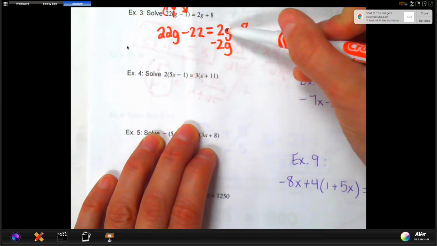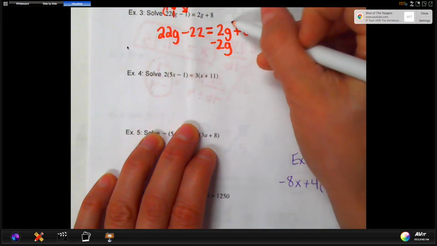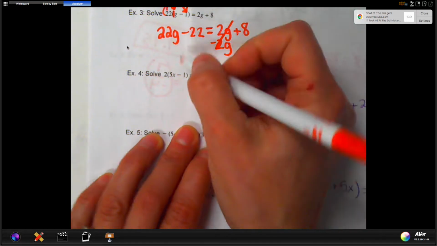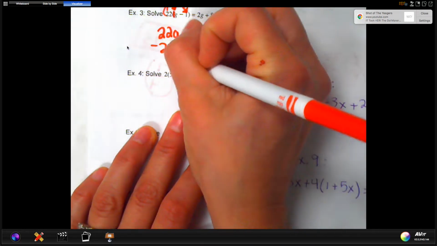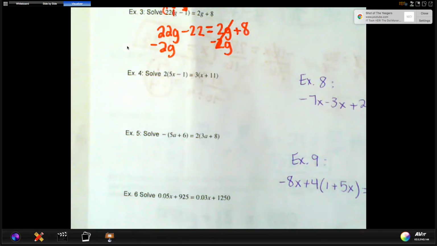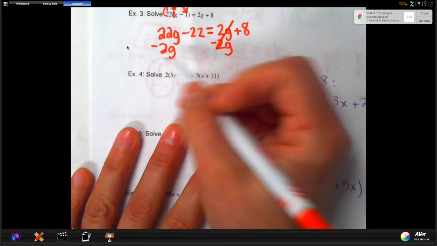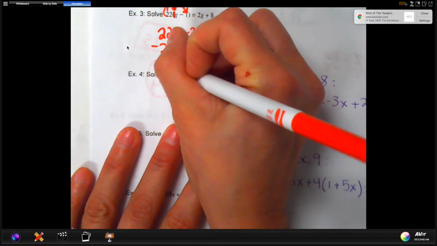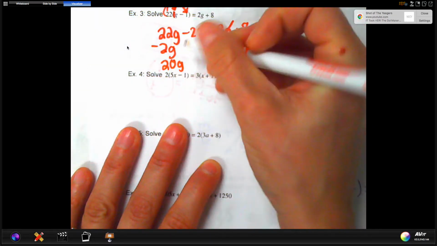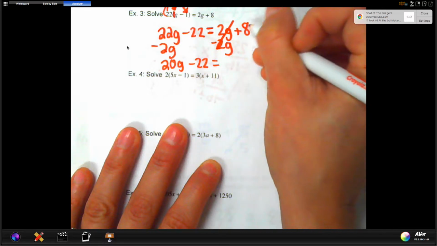The opposite of 2g would be minus 2g, and that will cancel. We have to do that over here too, with the 22g, because that's the one that has the variable. So 22g minus 2g is 20g, then bring down your minus 22, equal sign, and this positive 8.